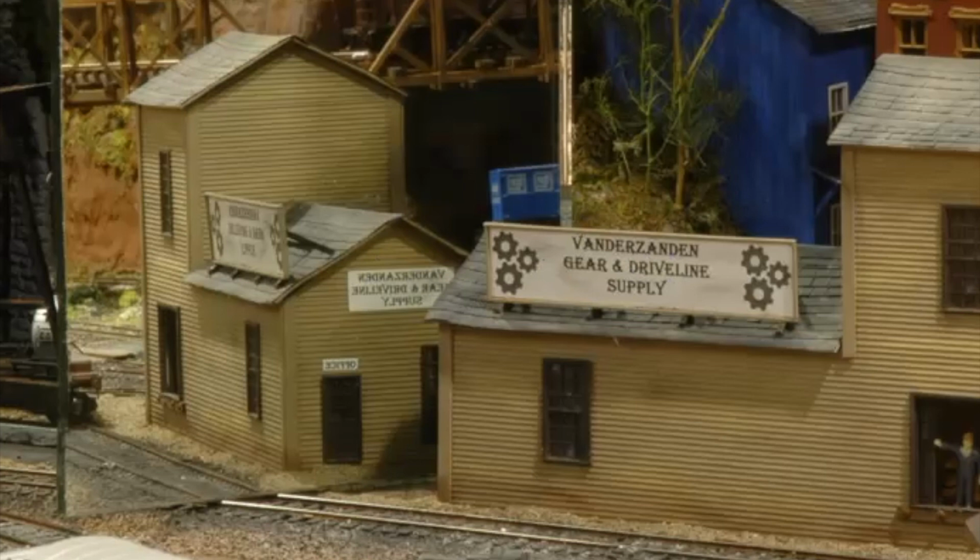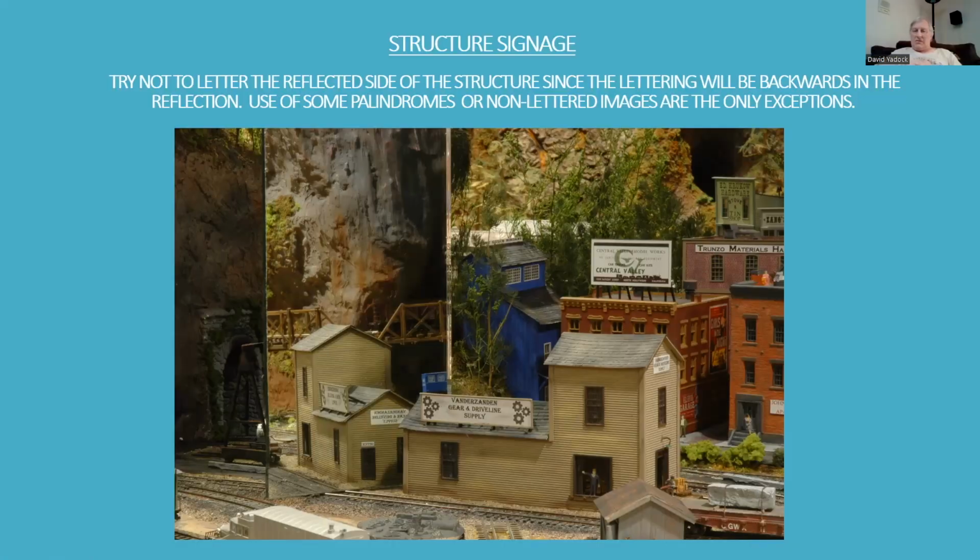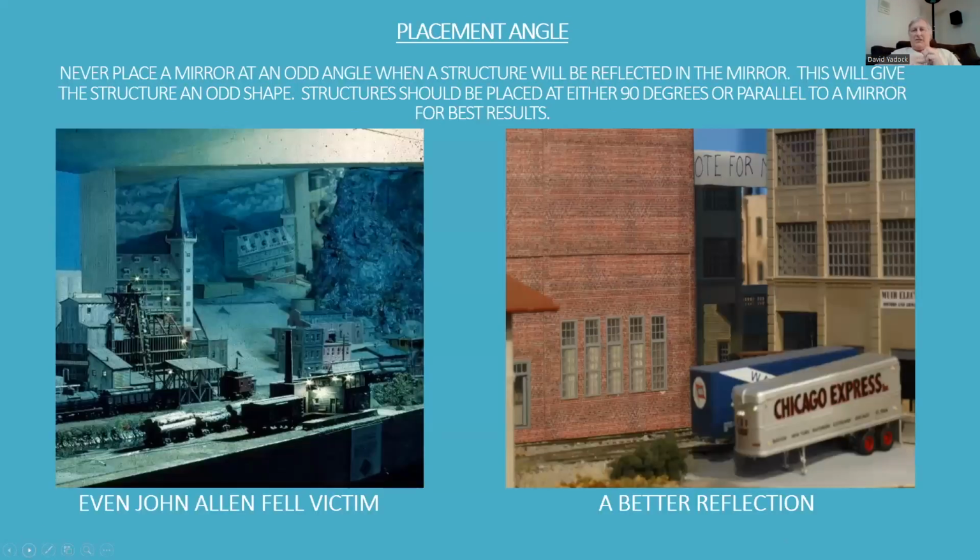If there's a reflected image of a building, you don't want to have any kind of signage at all. Placement angle: again, this is inferred from the start, if you place something at a weird angle, it's going to give that structure a weird angle.